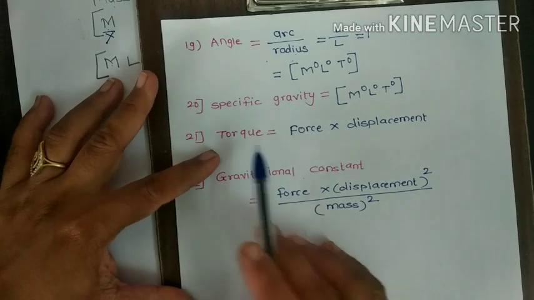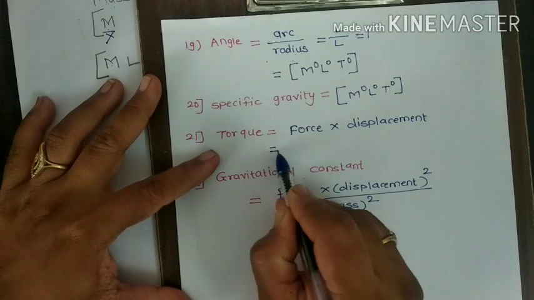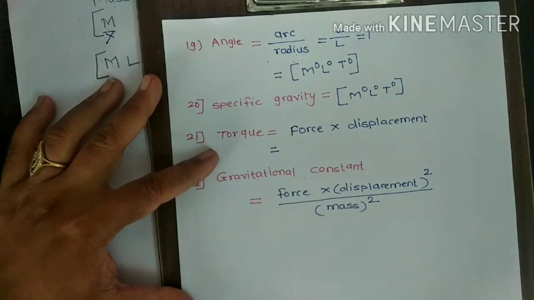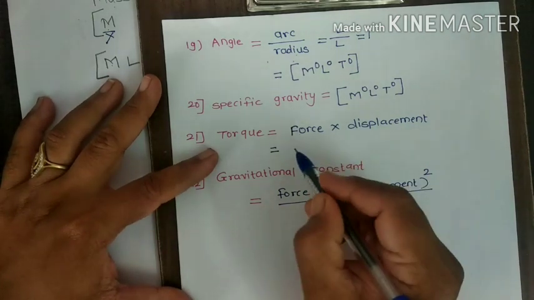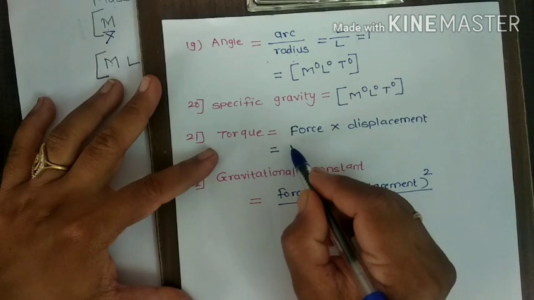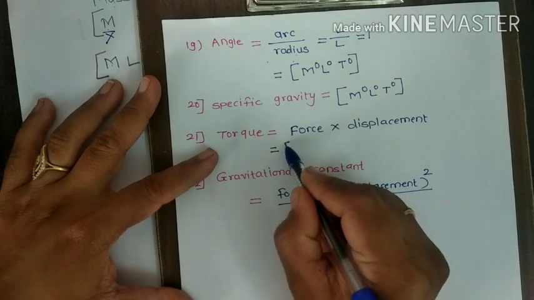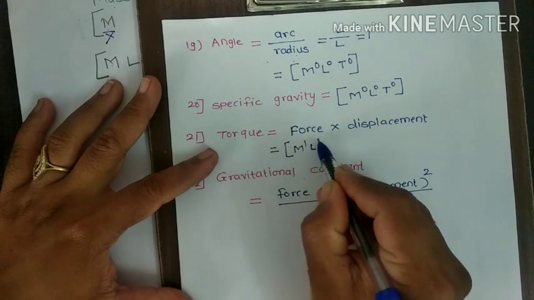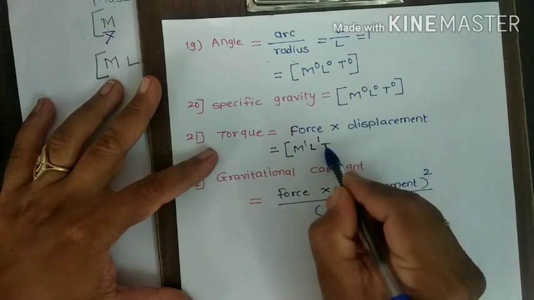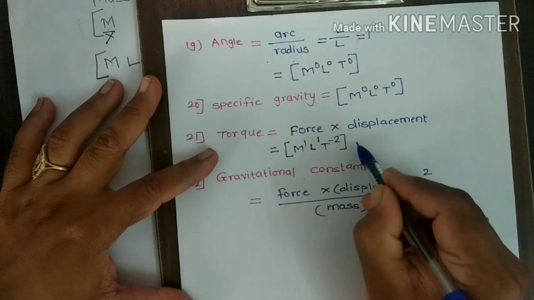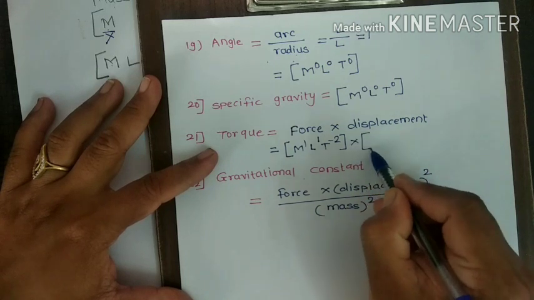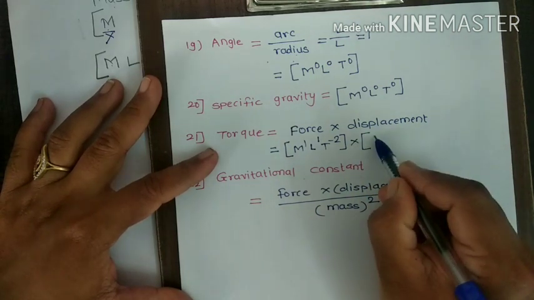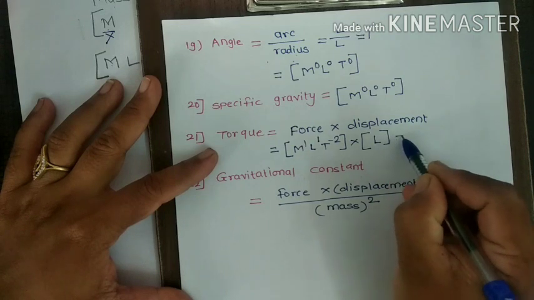Then next term is torque. Torque is equal to force into displacement. Again we have taken the dimensions of force here, that is M1 L raised to the power 1 and t raised to the power minus 2, multiplied by, for displacement, length.